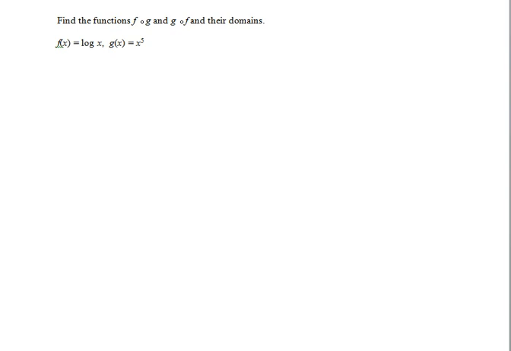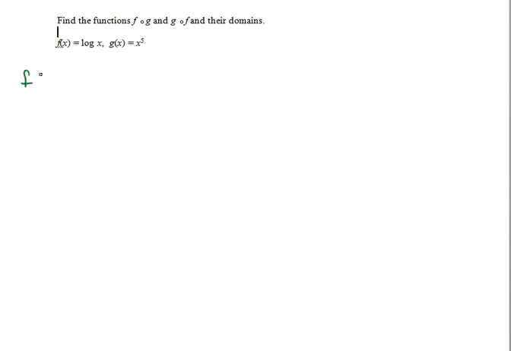And our last problem here, we have f of x equals log x, common log x, and g of x equals x to the fifth. It's called a power function, x to the fifth, where the variable is in the base.